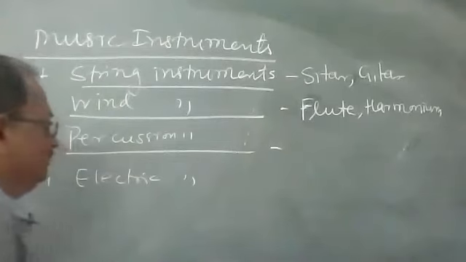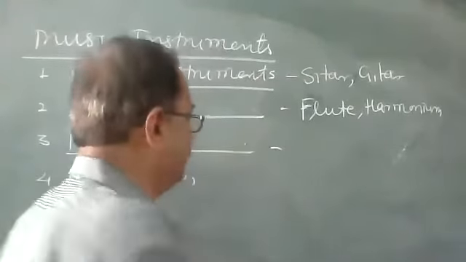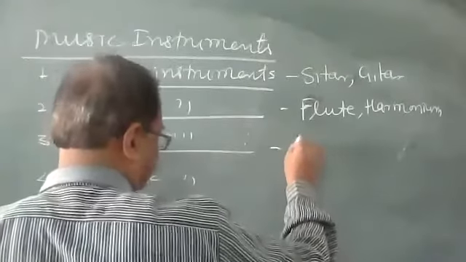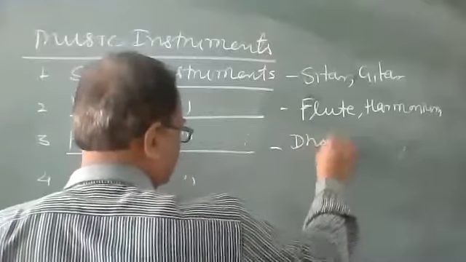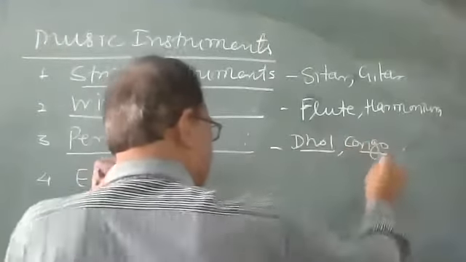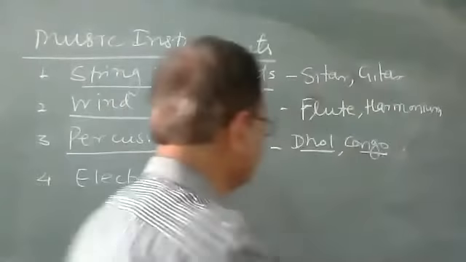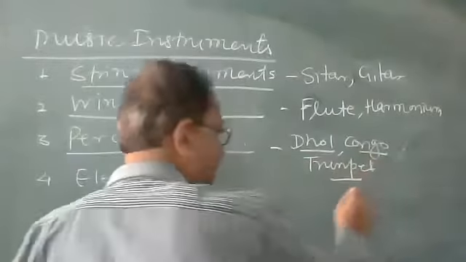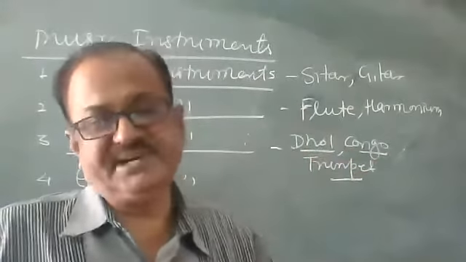Third is percussion instruments, like dhol, congo, trumpet, those instruments which produce sound on beating.